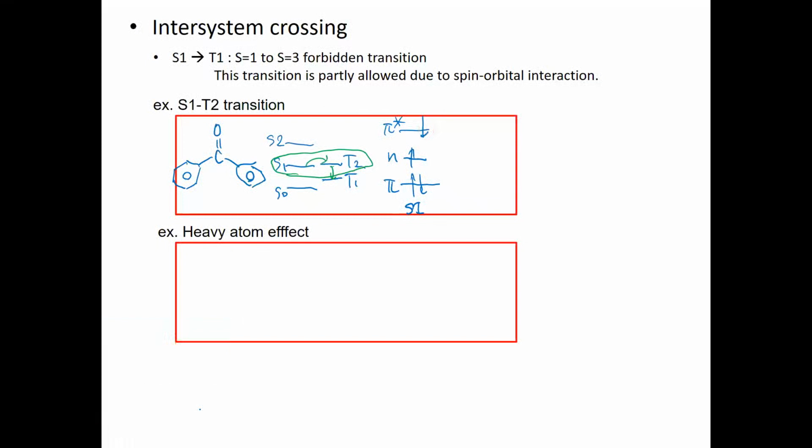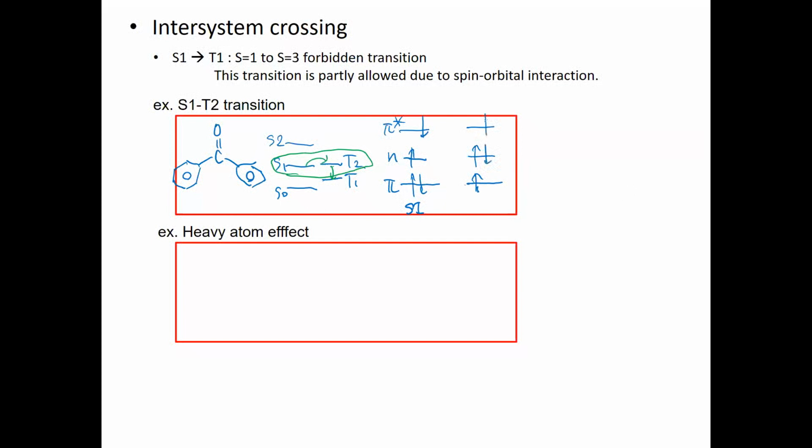On the other hand, let's think about the second excited state. In the second excited state, you could excite the pi electrons to the pi star state.